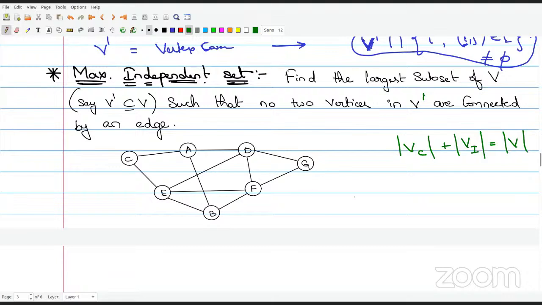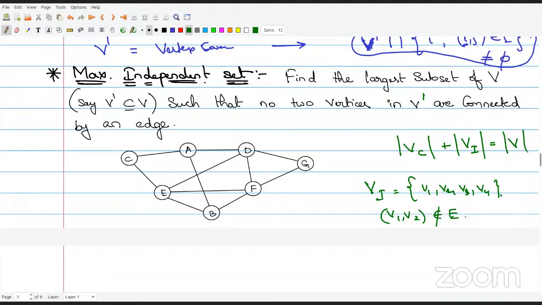So if I pick some vertices in my independent set, say V1, V2, V3, then if I pick any two, like V1 and V2, this should not belong to my edge set.